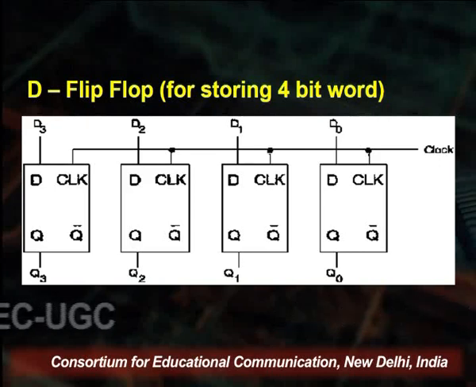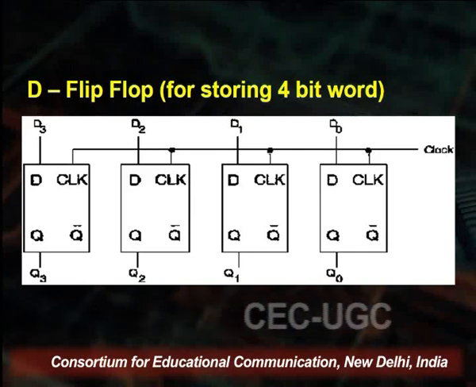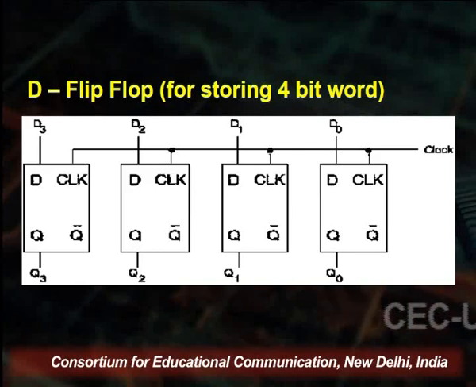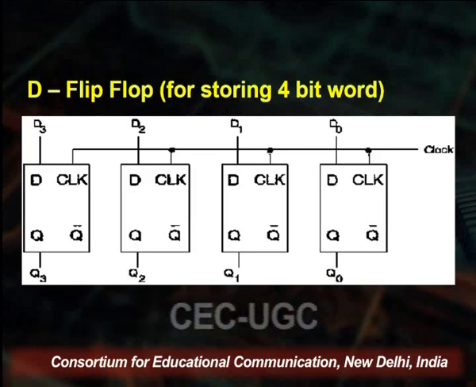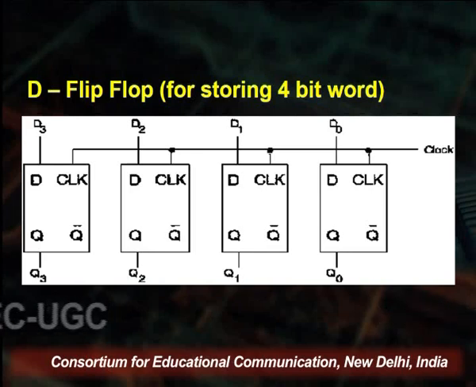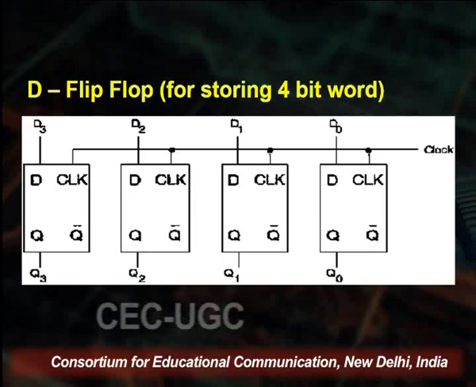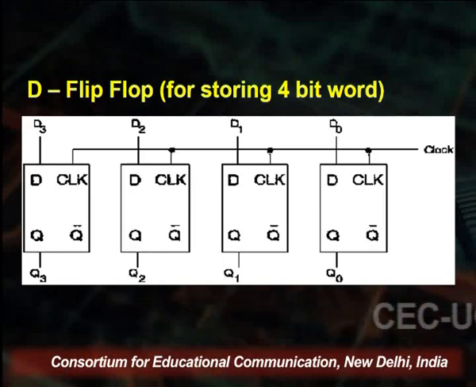We remove the clock, or make the clock 0, and the output of the 4 D flip-flops gets fixed as 1, 0, 1, 0. Now, even if the inputs D3, D2, D1, D0 change, the output would still be 1, 0, 1, 0.